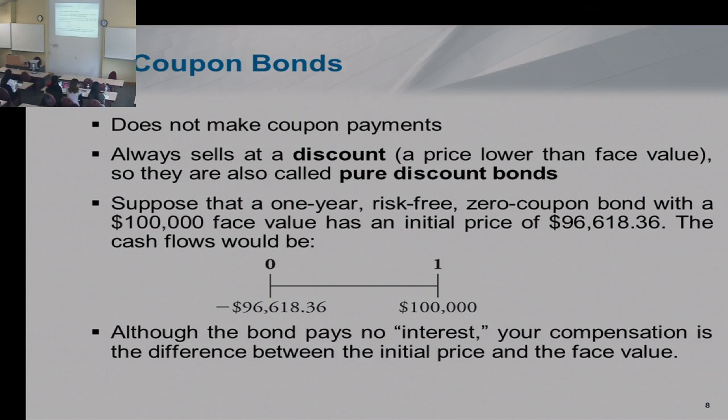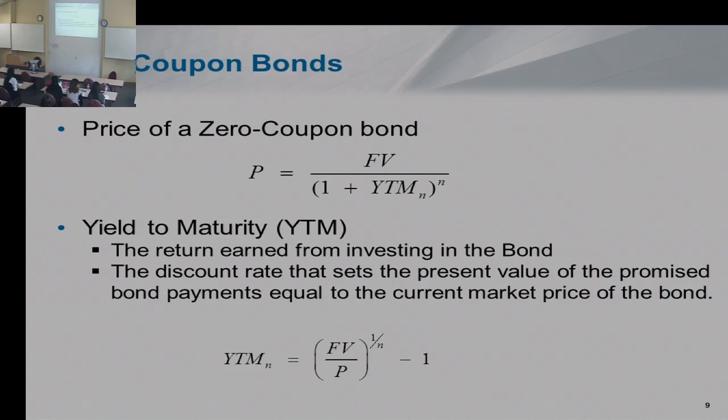How are we going to value these things? Well, the price or the value of a zero coupon bond is simply the present value of the future cash flow. So the future value divided by 1 plus the yield to n.